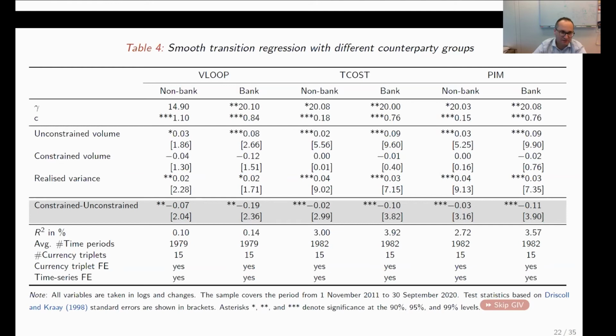The difference between constrained and unconstrained regime tends to be economically much higher for intermediated volume with regard to other banks. The effect is especially strong for the V-loop variable, where it's up to minus 0.19. So that is quite an interesting difference, I would say.